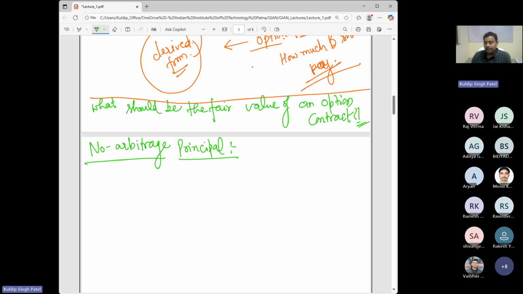Okay, so the simple idea was that without any investment, if you are sure that you are going to get a profit, that is arbitrage. What is arbitrage? Without any initial investment.